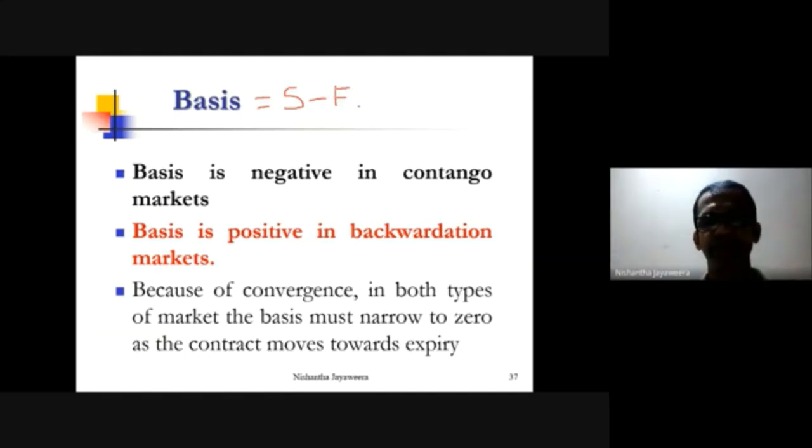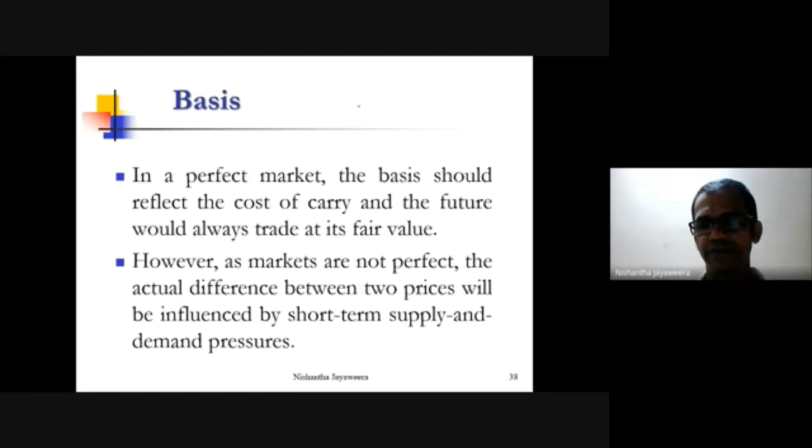For futures prices to be lower than the spot price, you should get net benefit. Clear? So therefore, in a backwardation market, you have net benefits, and in a contango market, you have net cost. So the basis reflects that in a perfect market.